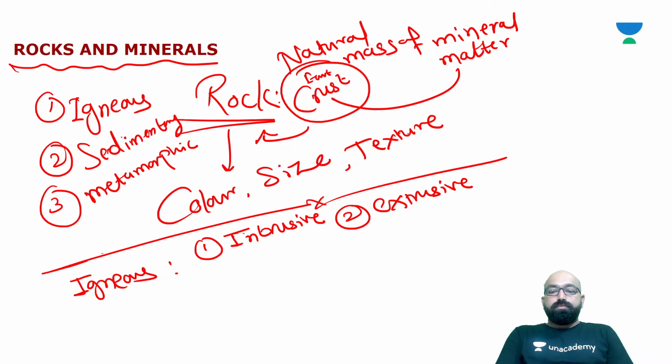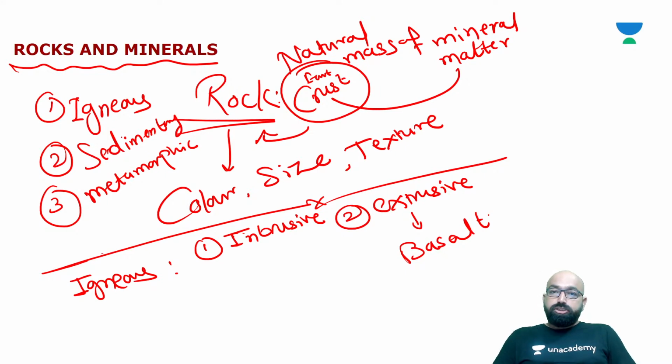Rocks formed in this way on the crust are called extrusive igneous rocks. They have a very fine grained structure, like basalt. The Deccan Plateau is made up of basalt rocks.